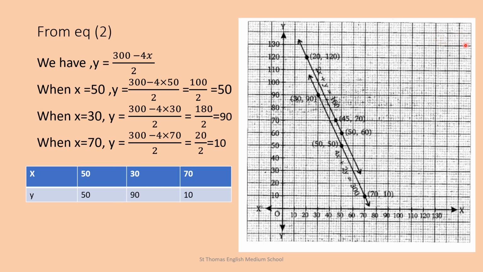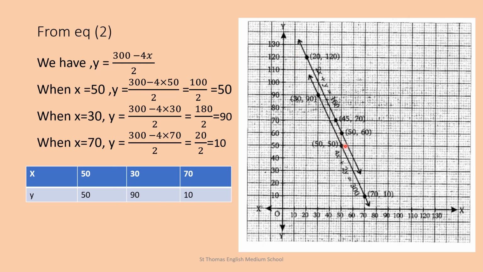Now from equation 1, you get the three solutions, that is (50, 60), (45, 70) and (20, 120). So plot the points and join them, you are getting a line. And linear equation in two variables always represent by a line.